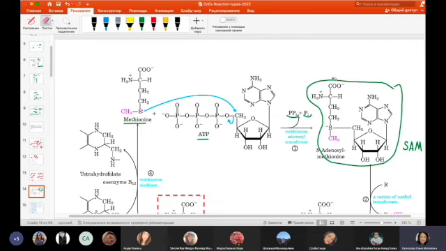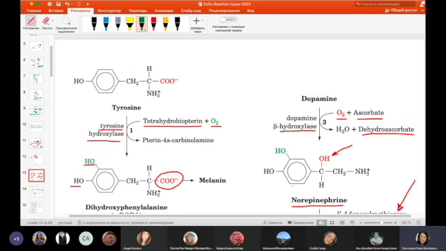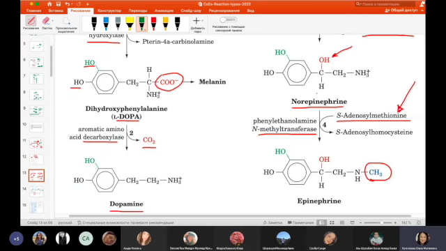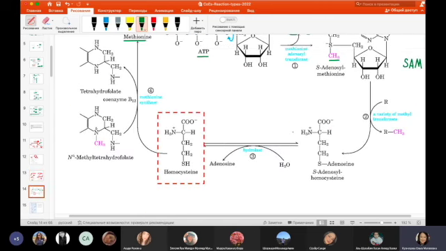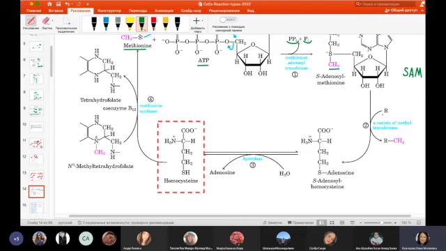The pink methyl group of this construction is used as a donor of the methyl group in the reaction of methylation. It can be the previous one, methylation of norepinephrine to get epinephrine. It can be used in other methylation reactions, including synthesis of phosphatidylcholine from phosphatidylethanolamine.